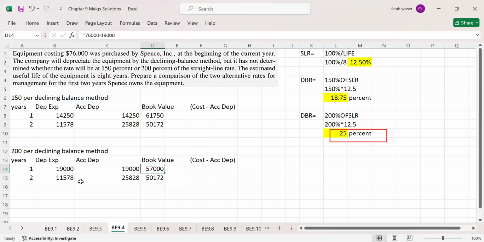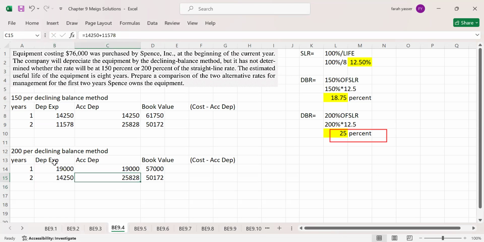So this is your book value. For the second year, the book value, we copied from this one, 57,000, multiplied by 25%. This is our depreciation.